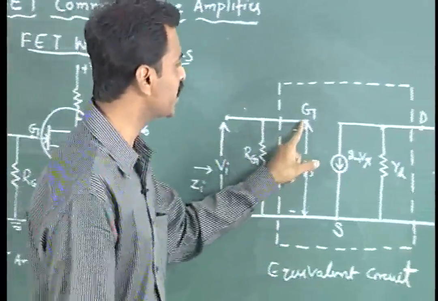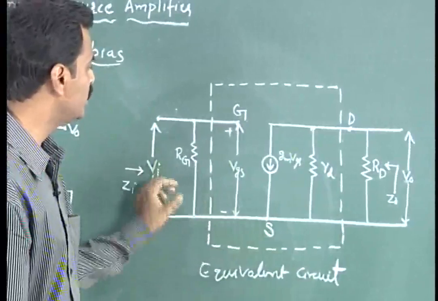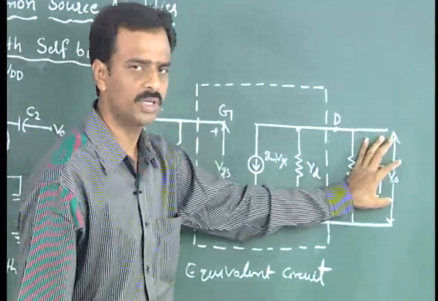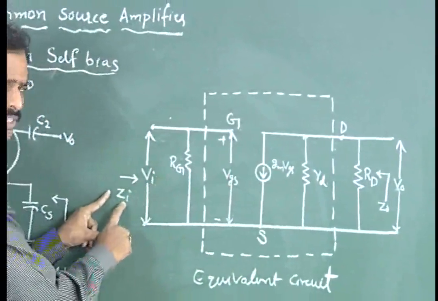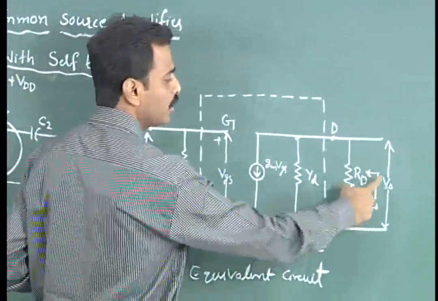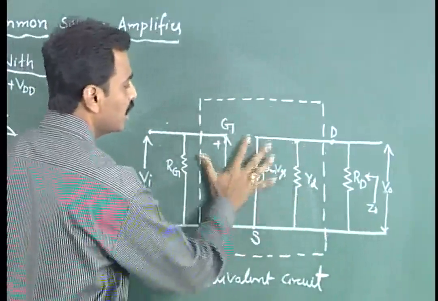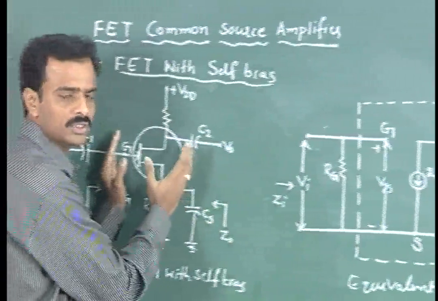The same, it has a gate terminal, drain terminal and source terminal, and RG is the input resistance, and RD is the output drain resistance, where we look inside to calculate the input impedance, and from the outside to calculate the output impedance. It is given the internal representation, converting to the equivalent model for this type of symbol.